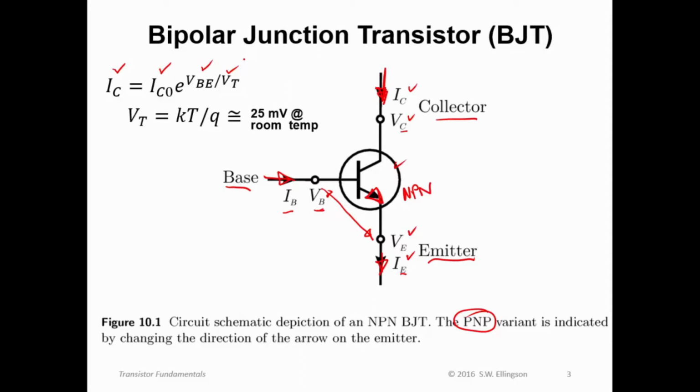The thermal voltage is given by k, that's Boltzmann's constant, which is 1.38 times 10 to the minus 23rd joules per Kelvin, times T, that's the physical temperature of the device, divided by q, which is the charge of an electron. That gives you 25 millivolts at room temperature, plus or minus a small amount. But this gives you an idea about how the collector current varies with the base emitter voltage.